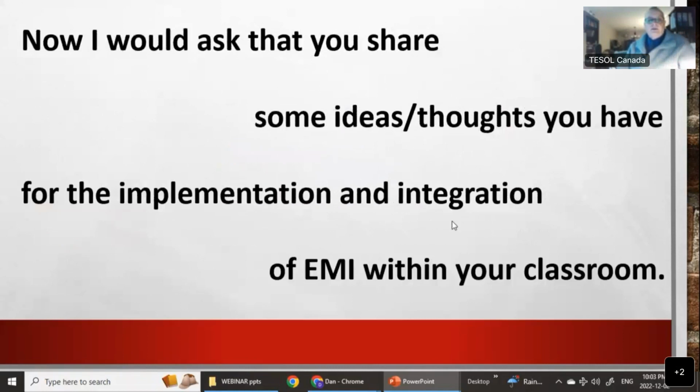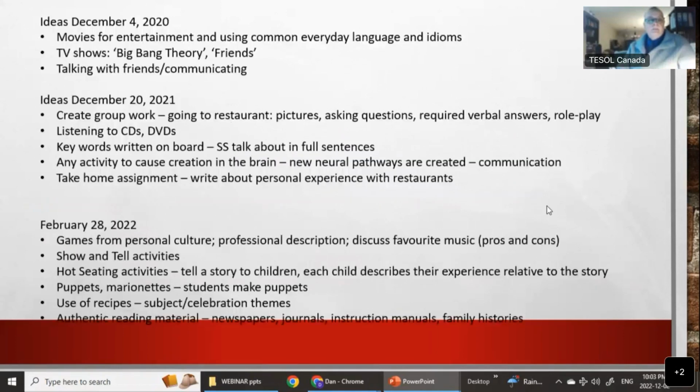And now I would ask that you share some ideas and thoughts that you have for the implementation and integration of EMI within your classroom. If you have any thoughts about how you would do this, you can certainly share those with us. You can see here some ideas that came from other classes previously, and I added their thoughts on these slides at the end of the presentation.